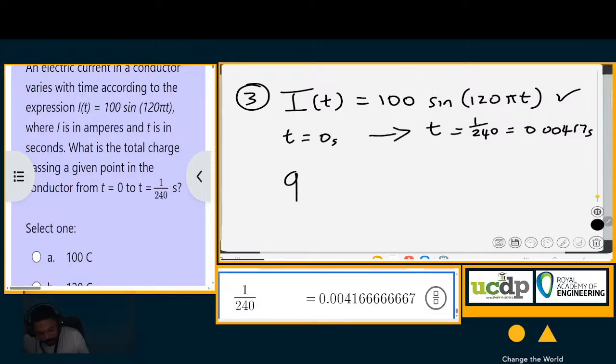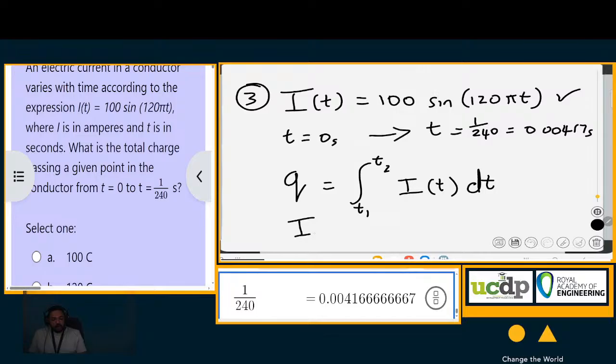The charge therefore is equal to the integral from T1 to T2 of the formula of the current I(t) dt. Okay, that's all you do. Earlier on, to get the current, we had to find the derivative of the charge with respect to time.